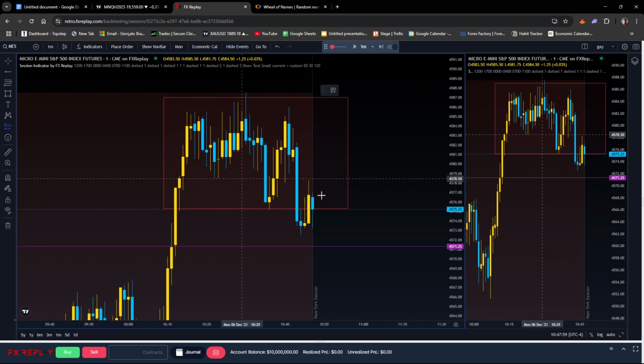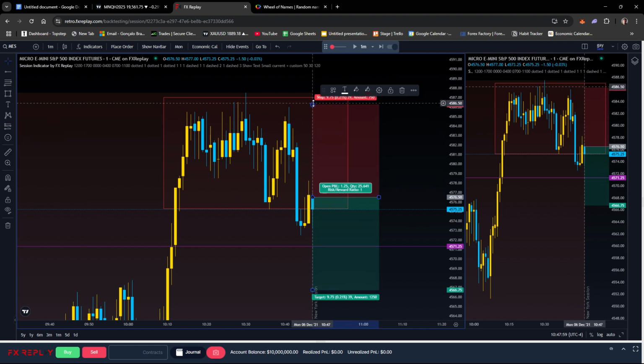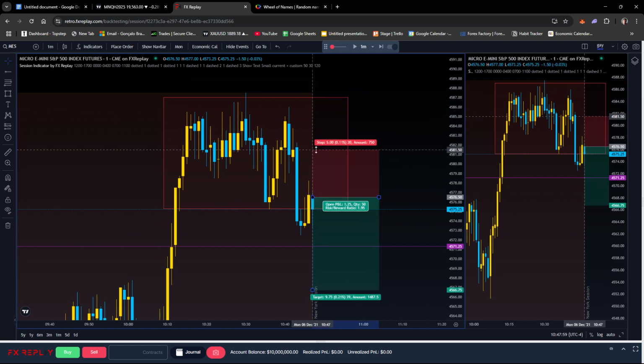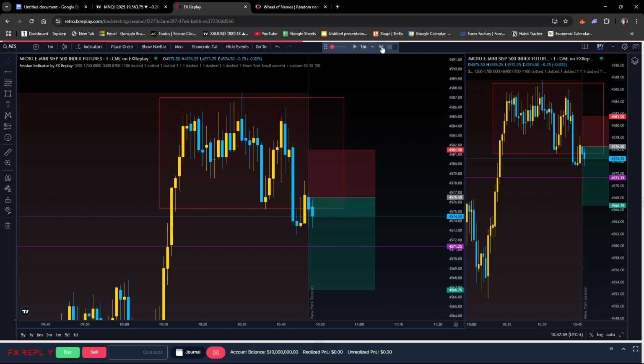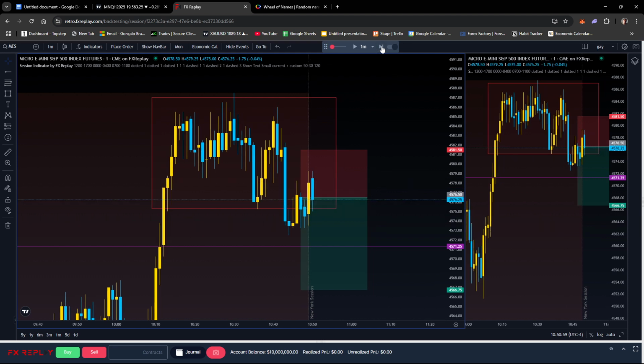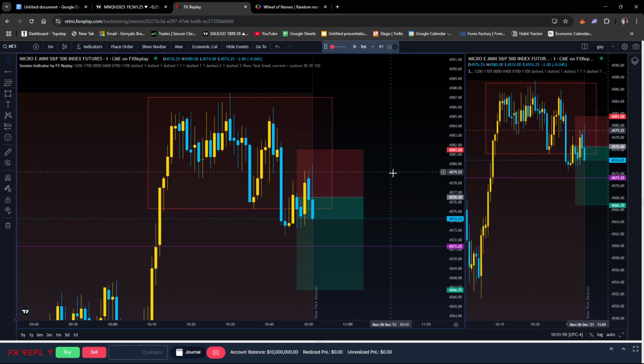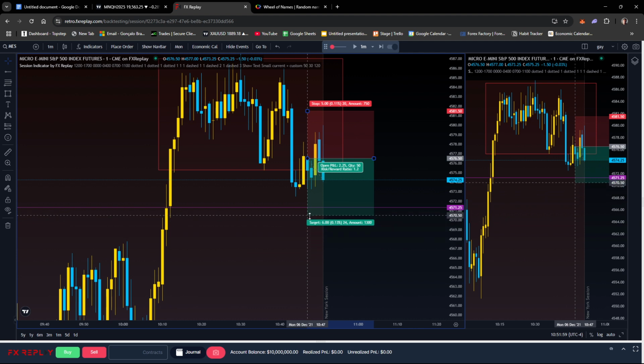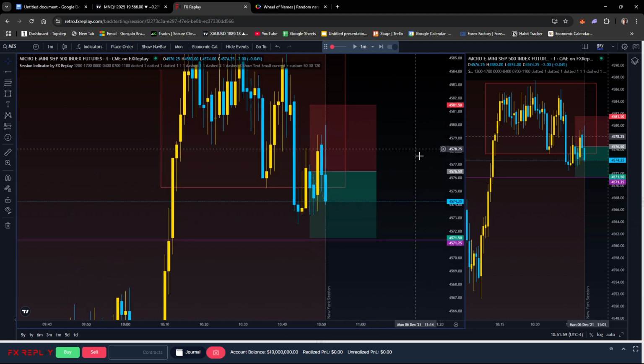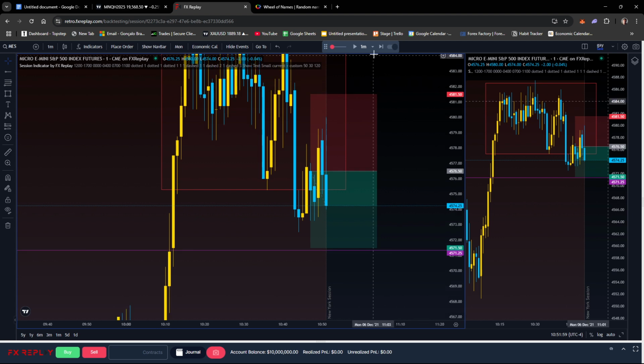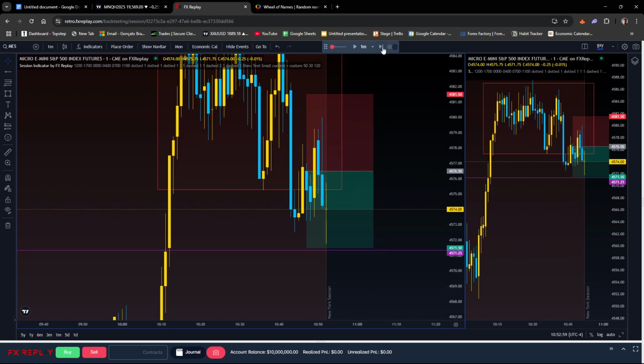Okay, we'll try it. 5 points. Shouldn't go above. Okay. So we're trading reversal here. So 1-to-1 risk-free. Now I'm break even anyway because we took the short-term low.